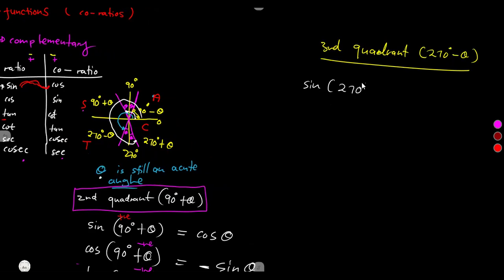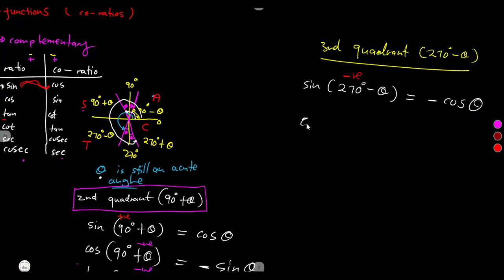Sine of 270 degrees minus theta, this one, it's a negative value. If we simplify it, we are going to get a negative answer. But as a co-ratio, sine changes to what? A cos. So it was supposed to be cos theta. But we are saying the sign of a ratio is the sign of its co-ratio. So it will be minus cos, just like that.